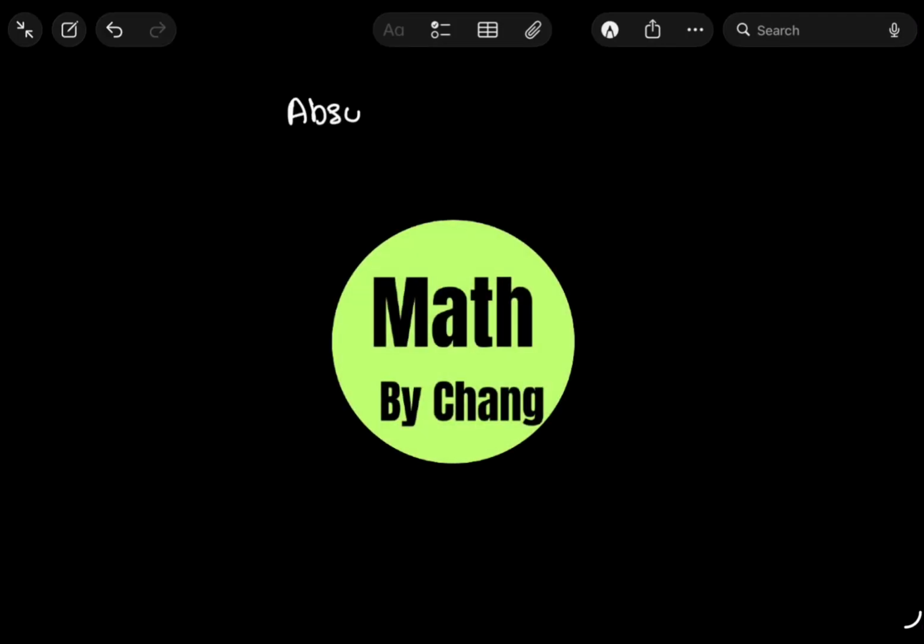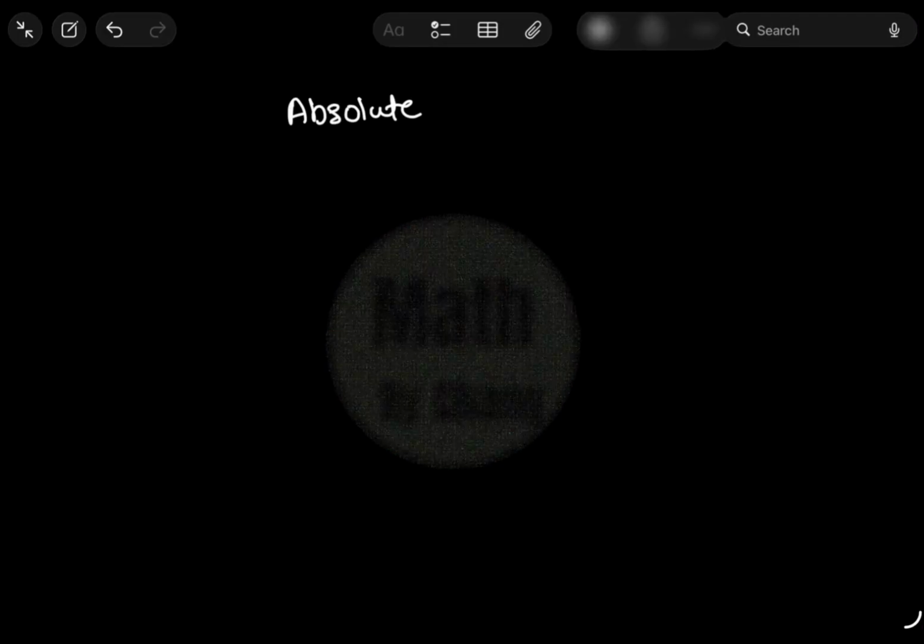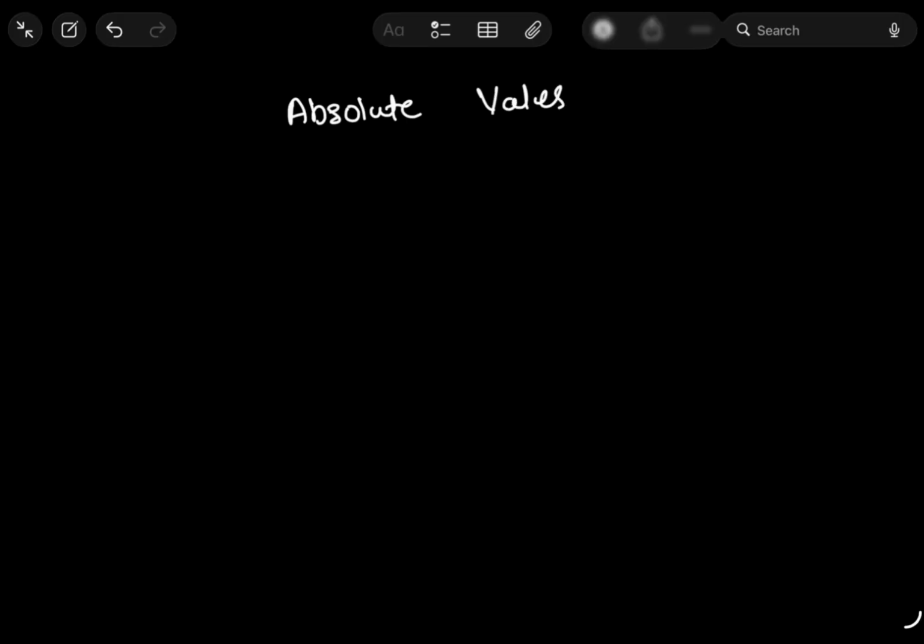So today let's practice some absolute value exercises. For number 1, we have modulus of 2x equal to 3. So modulus equal, we have two conditions: 2x equal to plus or minus 3.